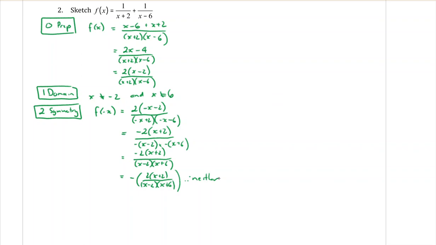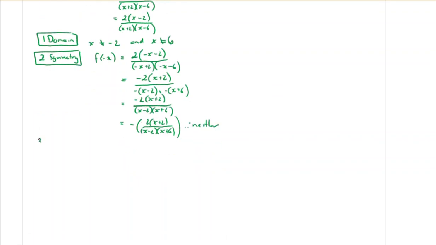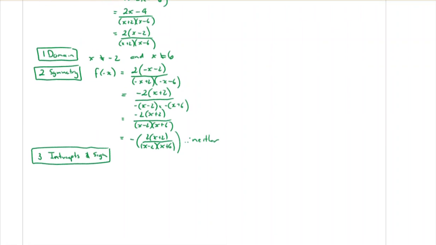Okay, step 3. We now want to do our intercepts and signs. We know from the top of our fraction, this is my factorized version.